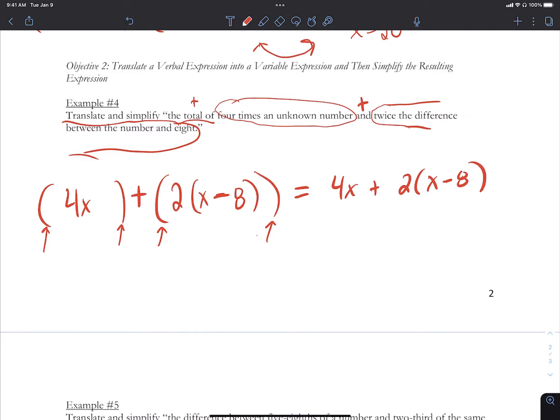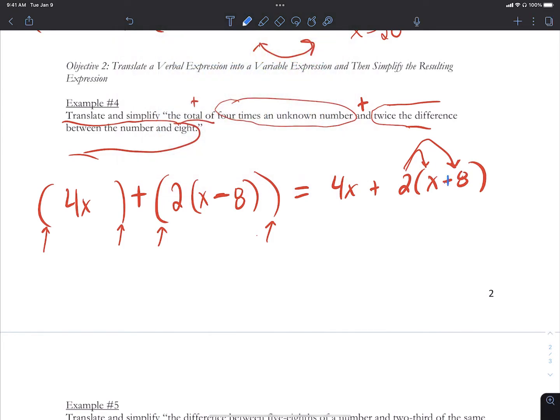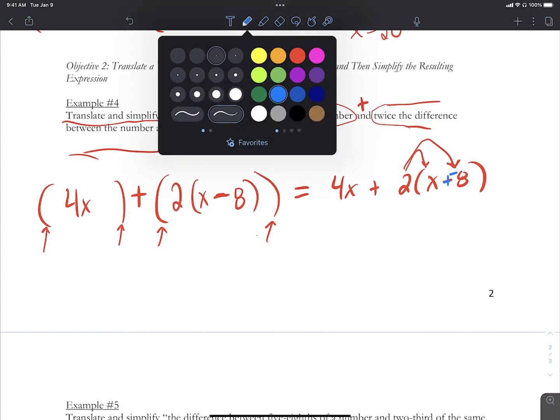Now what I could do to simplify this is use the distributive property and distribute the 2 through. And if you want, we can change this to a plus negative 8 to make that a little cleaner with our signs.